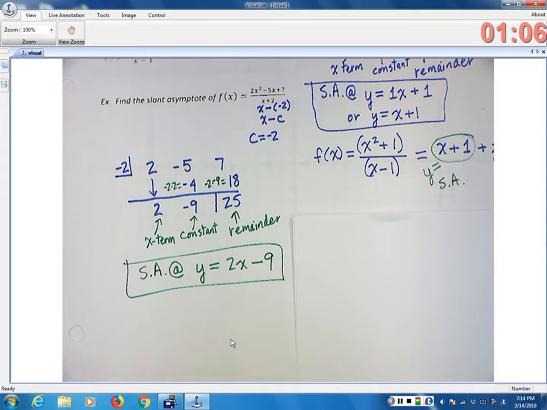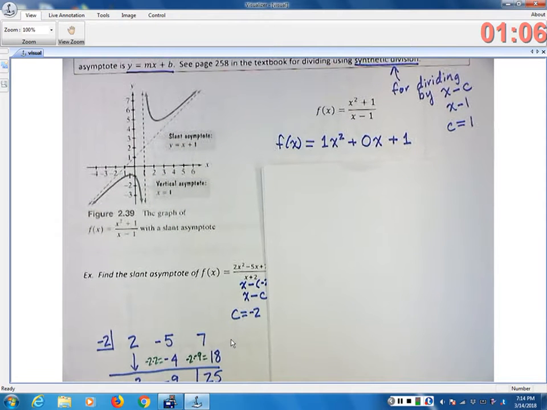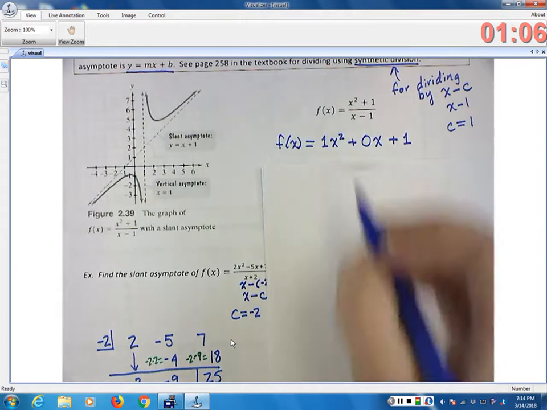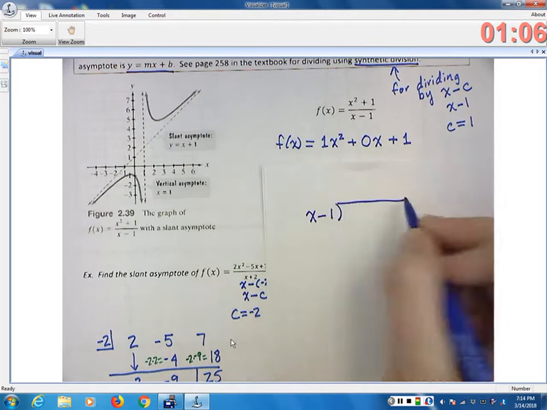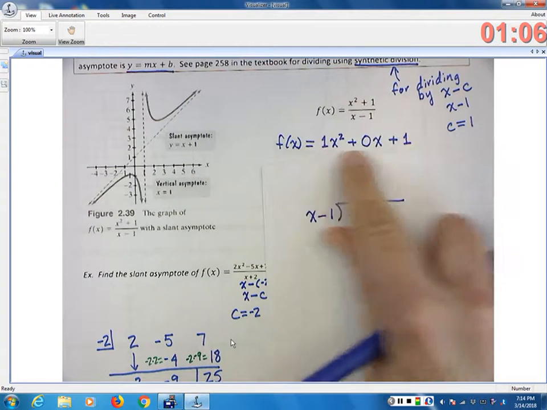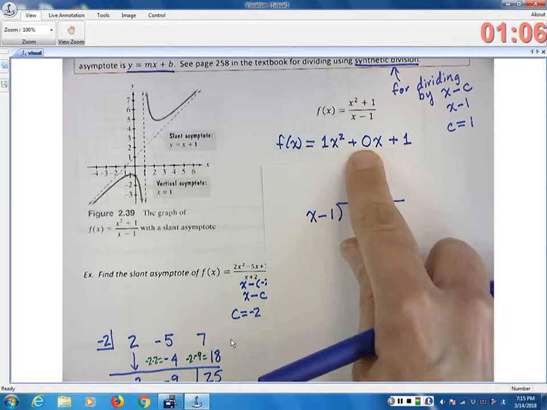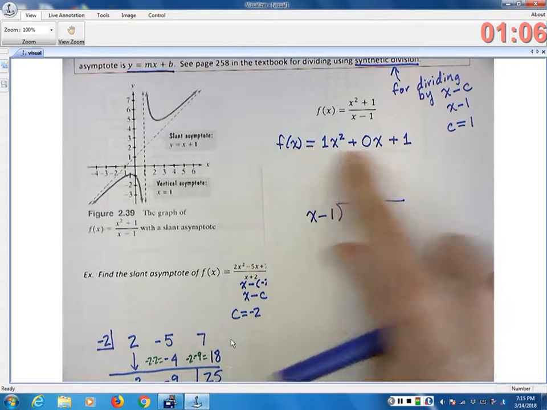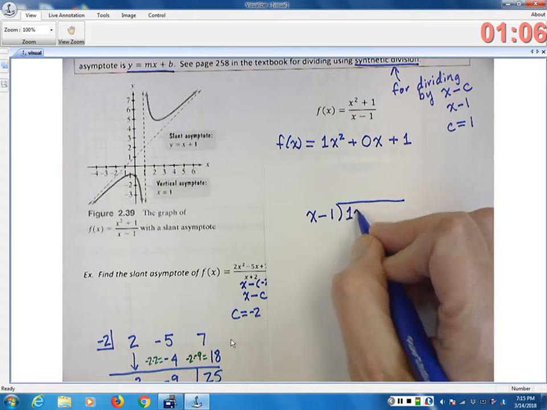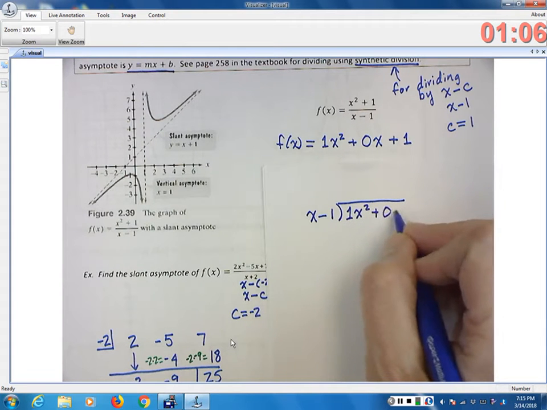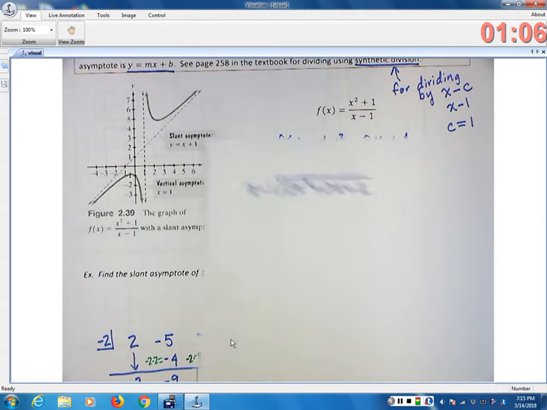Are you done writing? Alright, so if we go back up to the original problem here, for long division, we're going to put our divisor here, and then we have to put this in descending order, with every term accounted for, with the extra 0 in there. So I'm going to put the understood ones too. Alright, and we're going to divide this by hand.